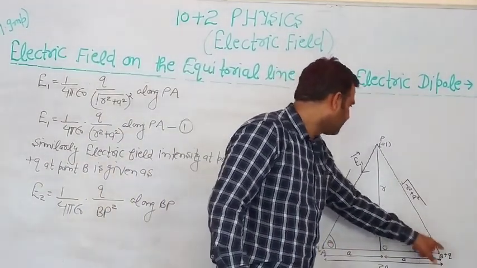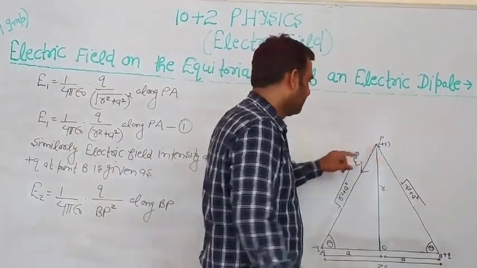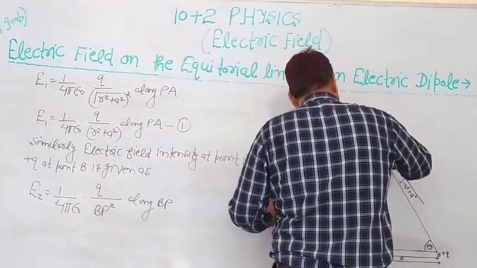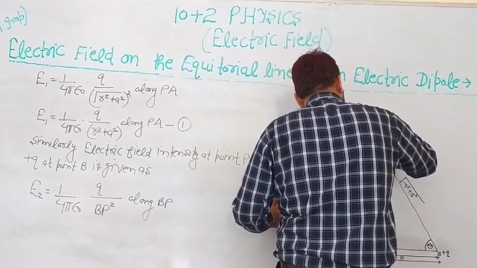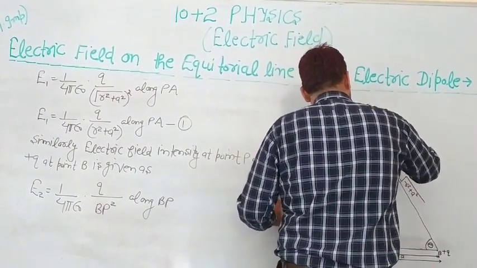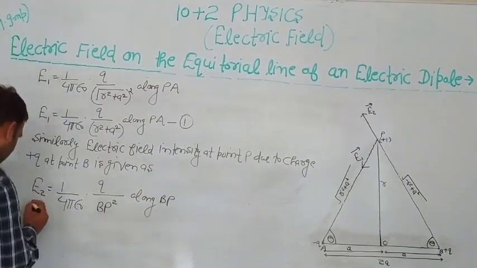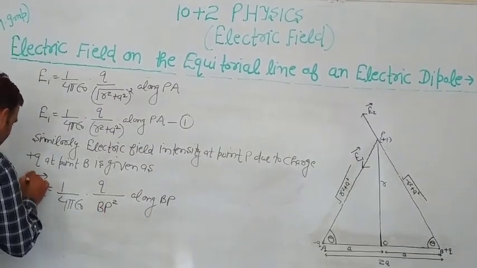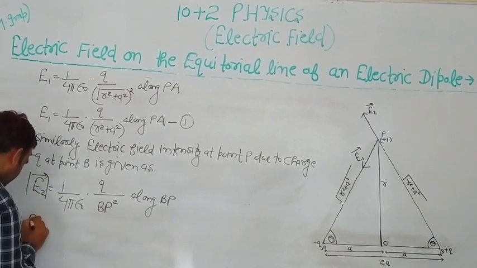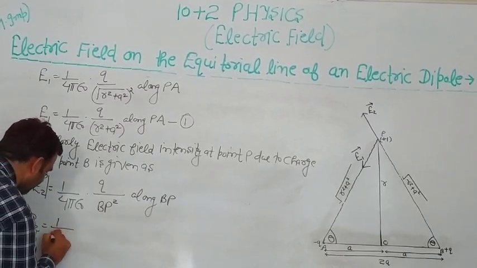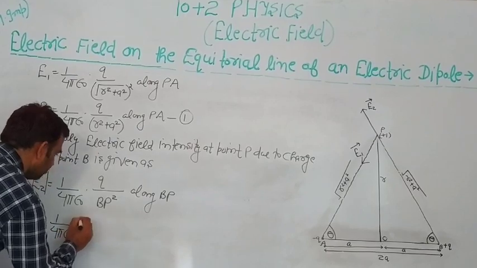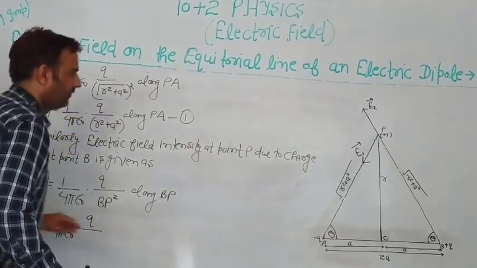This is a positive charge and this is also a positive charge, and both repel each other. What is the value of BP?